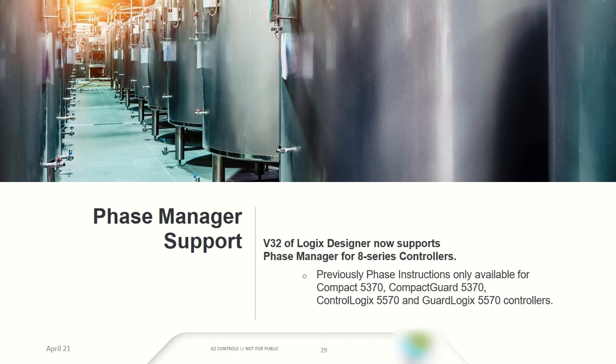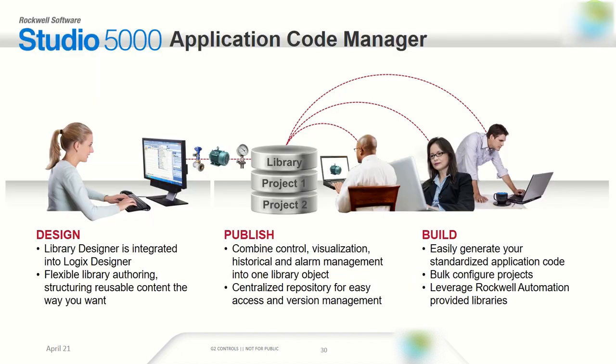Then phase manager support, we are not going to use right now. Then Studio 5000 Application Code Manager. This is the actual use of this application code manager: you can design your code. Library Designer is integrated into the Logix Designer. Flexible library authoring, structuring reusable content the way you want, and publishing, like a library project.